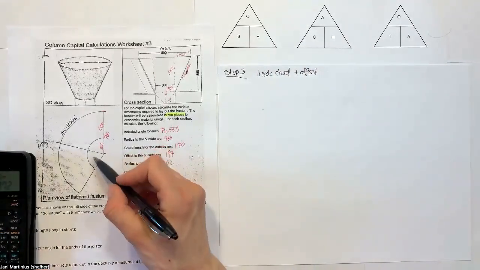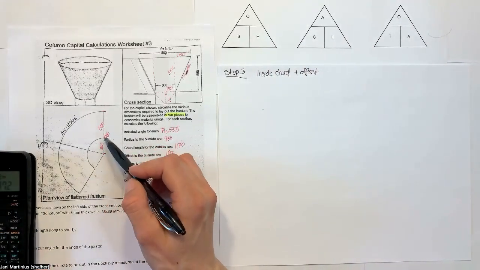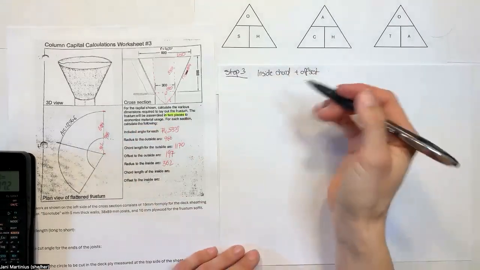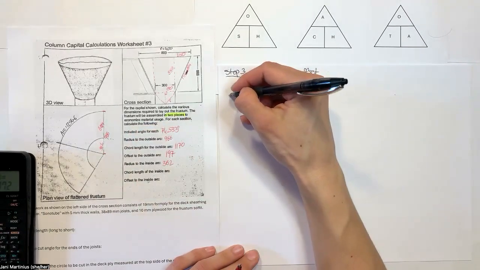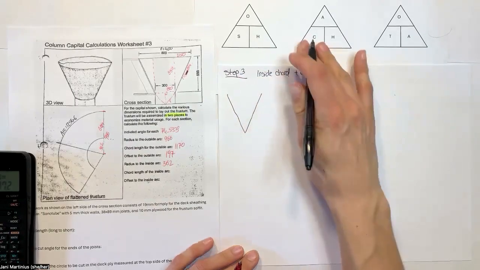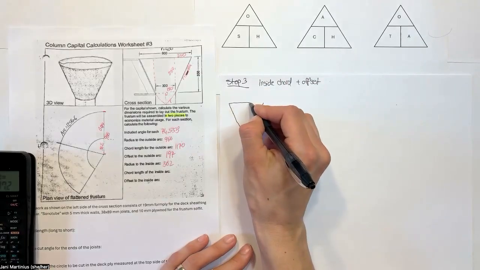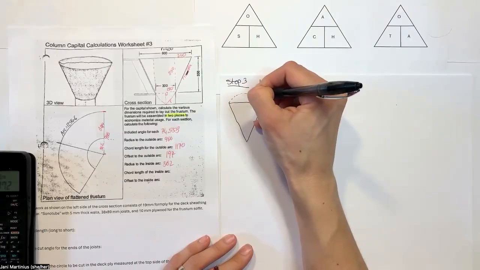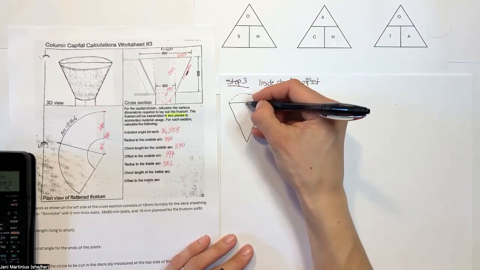Now, we are still working within the same triangles, right? We're just shrinking everything down a little bit. So we're just going to draw ourselves another picture. Another ice cream cone. There we go.